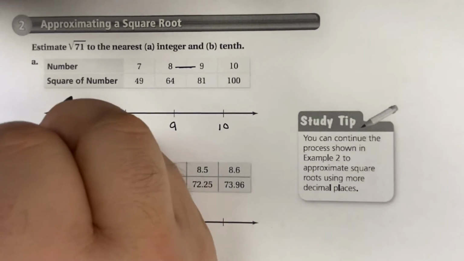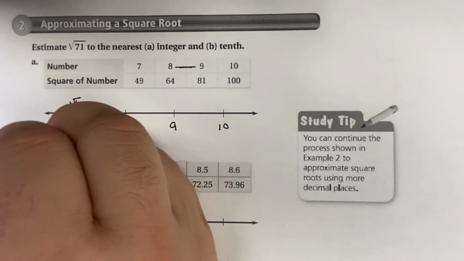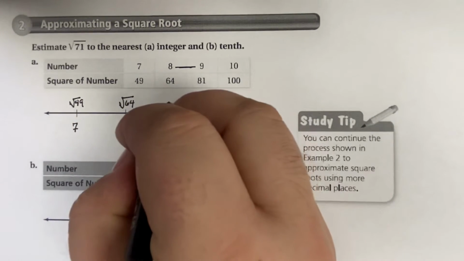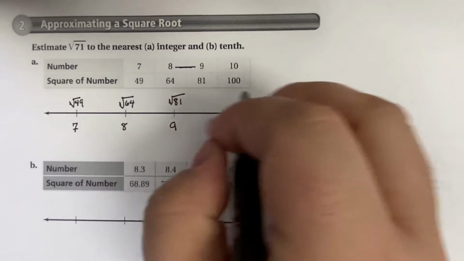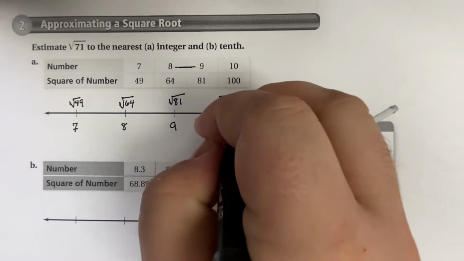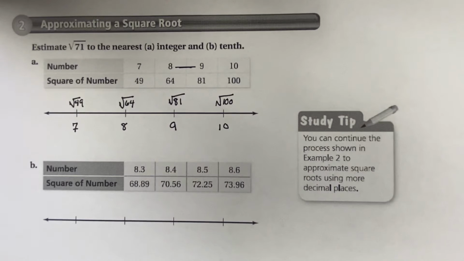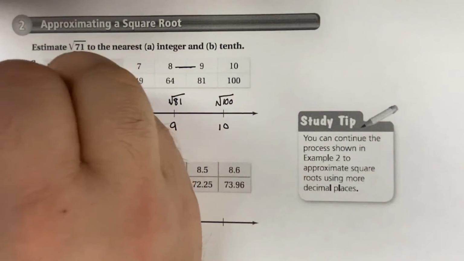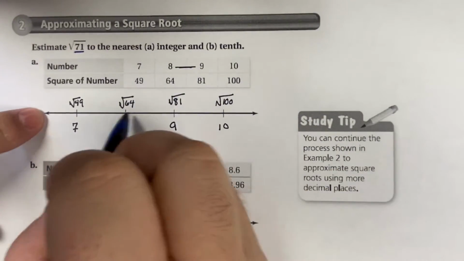And we can sit there and say, well, that's the square root of 49. This is the square root of 64. This is the square root of 81. And this is the square root of 100. Taking that into account, we know that 71 is going to fall somewhere in between.